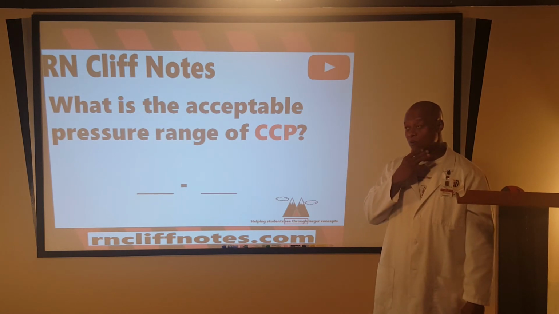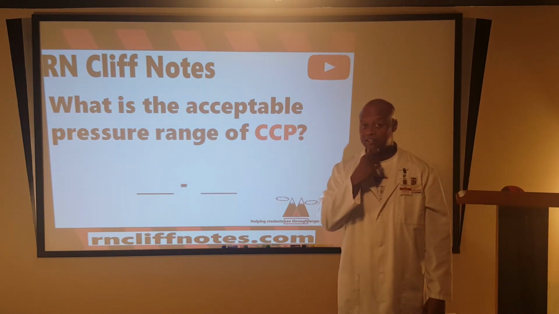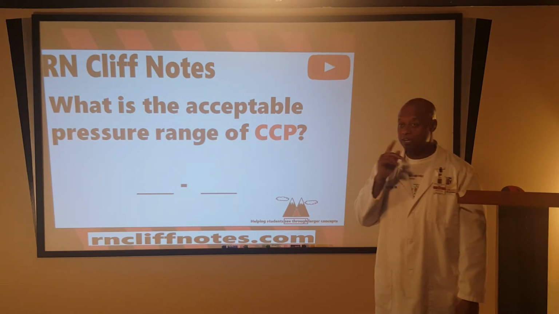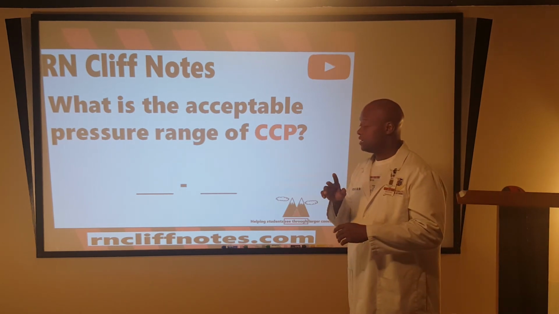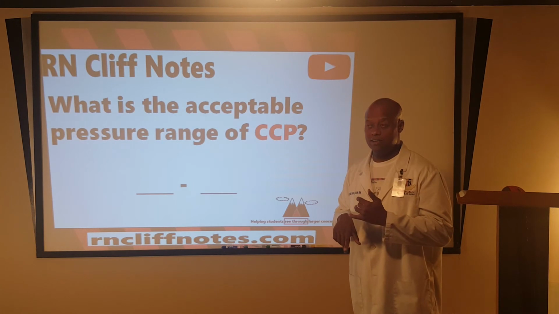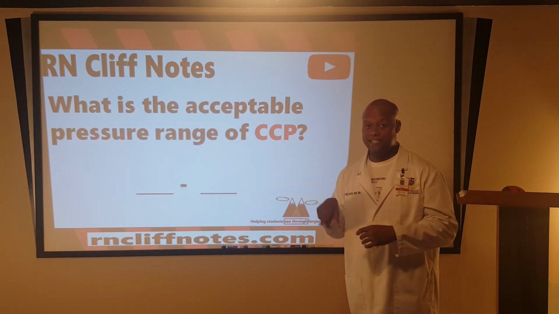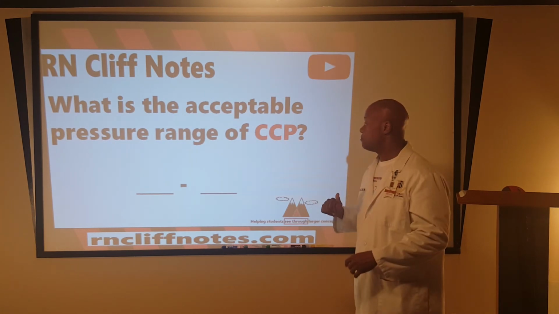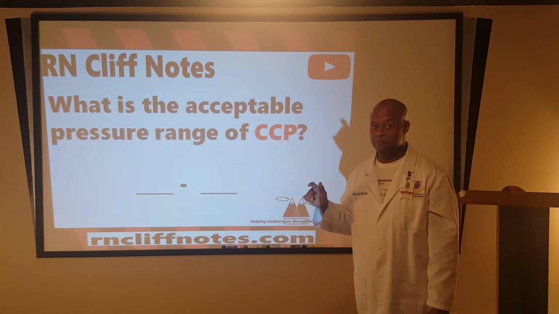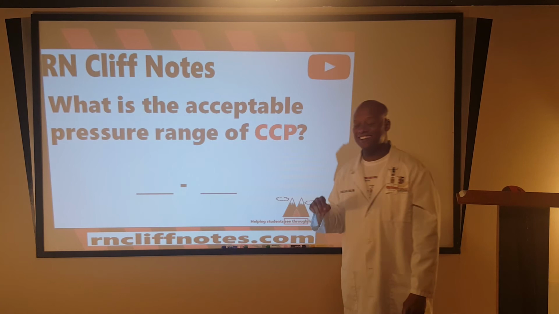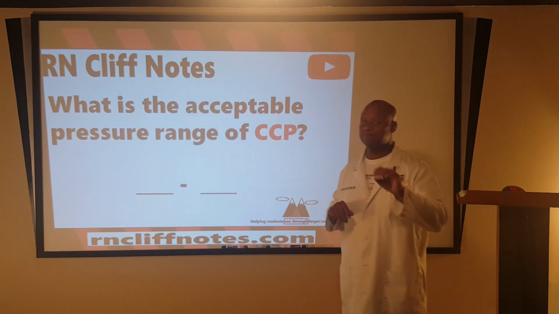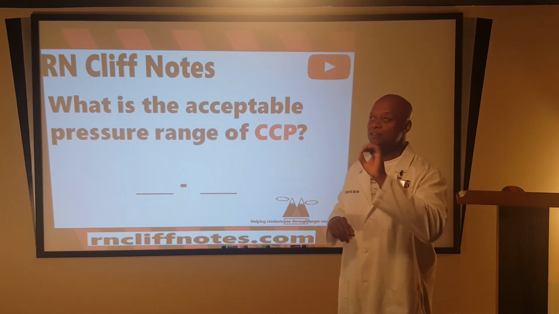So, all right, we picked up a lot here. We already know that if we take the MAP and subtract the ICP, then we come up with the CPP. Okay, so let's see. Let's give you this.